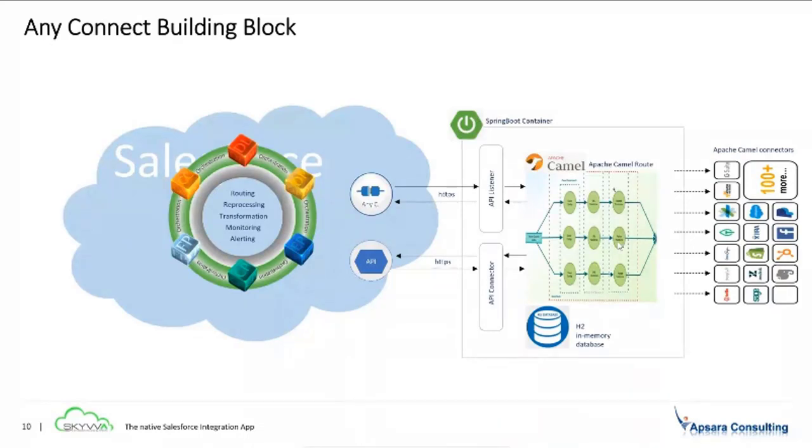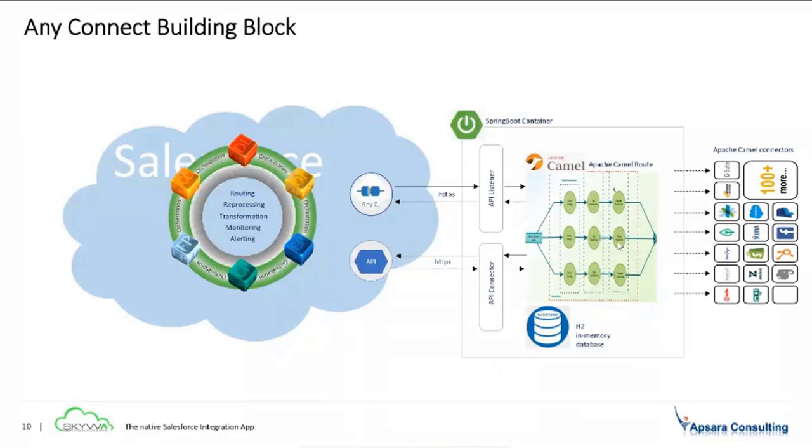We are using only the Apache Camel route. We are not using a mapping engine here. We are not using BPM, business workflow. We are not using routing logic from different application to different application. We don't need all of that.